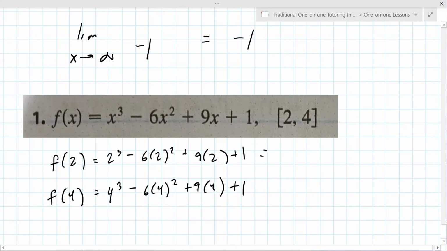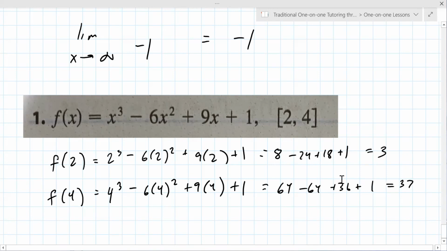So you do not get a calculator. So we got 8 minus 24 plus 18 plus 1. So that gives you 3, it looks like. And then we got 64 minus 96 plus 36 plus 1, you get 5. I'm pretty tired, so definitely check these later.